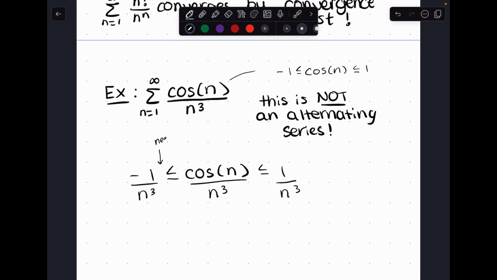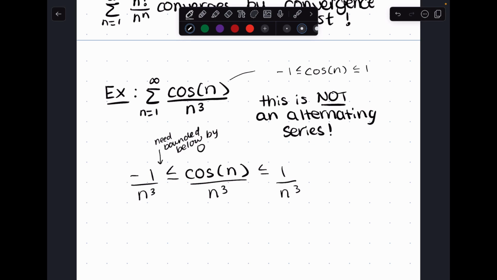For the comparison test, we need this to be bounded below by 0. Otherwise, we could have our sum wobbling around if we have negative terms and it never actually converges, which is why we need to bound it below by 0.